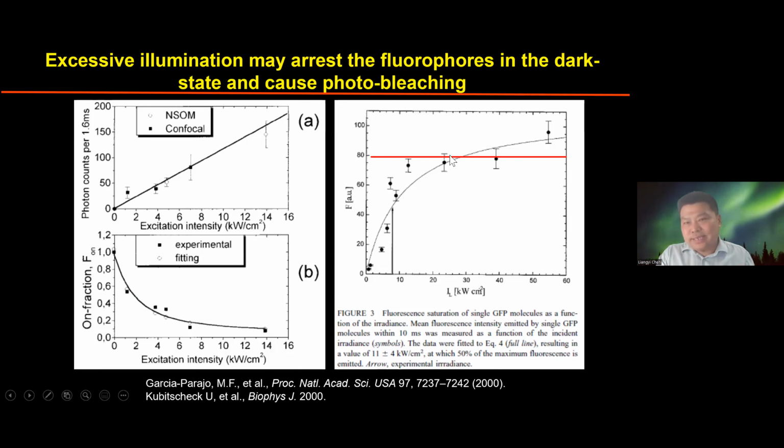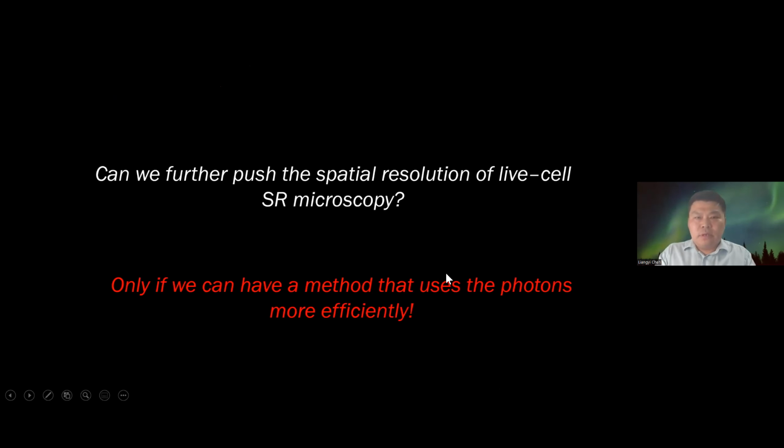It actually saturated at above about 20 kilowatt per square centimeter. So with the limited number of photons, how can we further increase the spatial resolution? We think if only we can have a methodology that uses these photons more efficiently, can we further push the spatial resolution of live cell super resolution imaging?